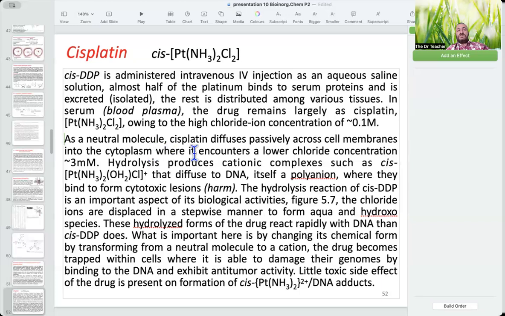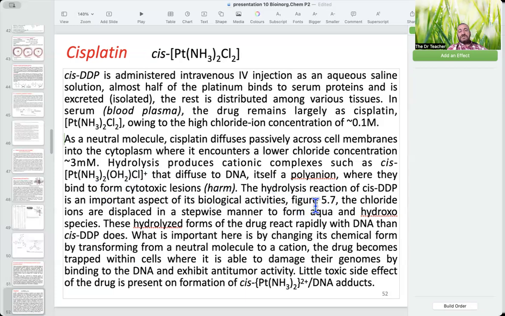As a neutral molecule, cisplatin diffuses passively across cell membranes into the cytoplasm, where it encounters a lower chloride concentration, about 3 micromolar. Hydrolysis produces cationic complexes such as cis-platinum chloride hydroxyl that diffuse to DNA, itself a polyanion, where they bind to form cytotoxic lesions.